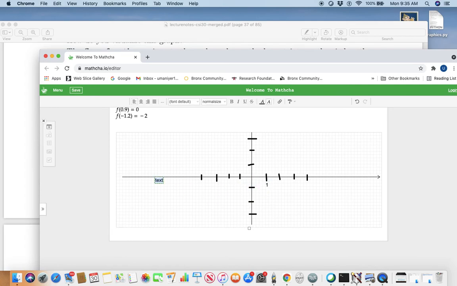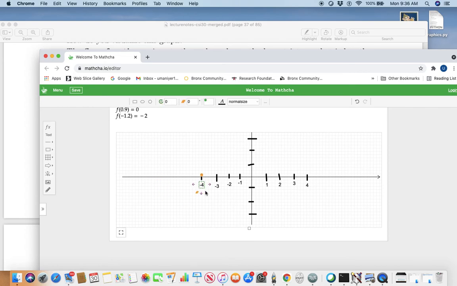That's 1, that's 2, that's 3, that's 4, negative 1, negative 2, negative 3, negative 4, and so on.